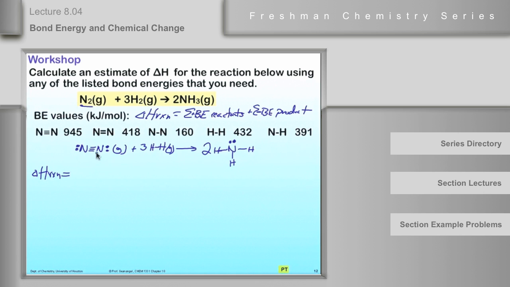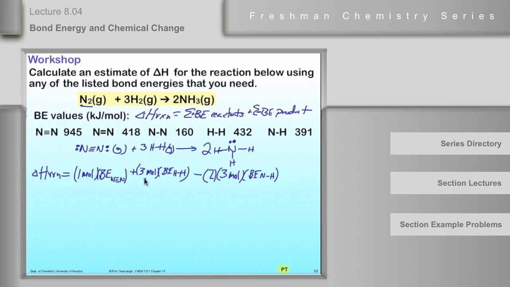So the delta H reaction, to start with, is equal to 1 mole of N2 times the bond energy of N2, a triple bond, nitrogen-nitrogen triple bond, plus 3 moles times the bond energy of HH, single bond, and then minus 2 times 3 bonds, 2 times 3 moles of NH bond, times the bond energy of the NH bond. Questions up to here?